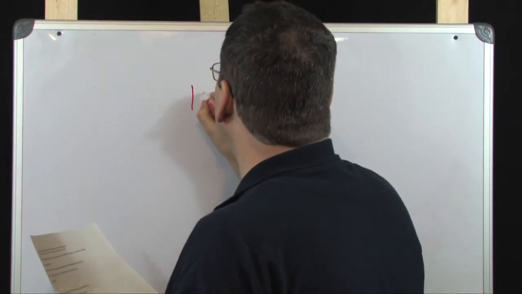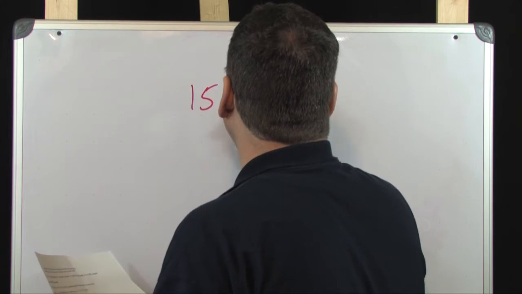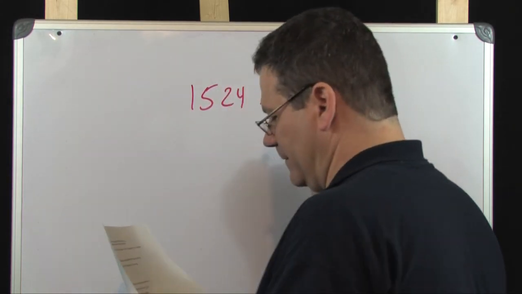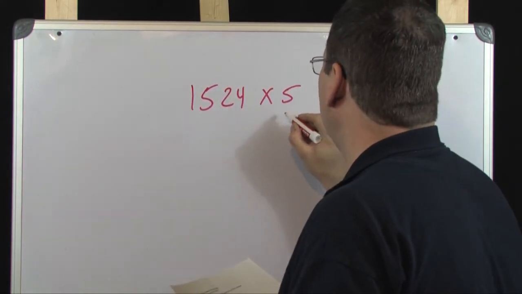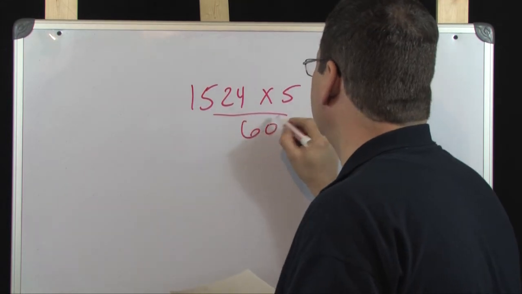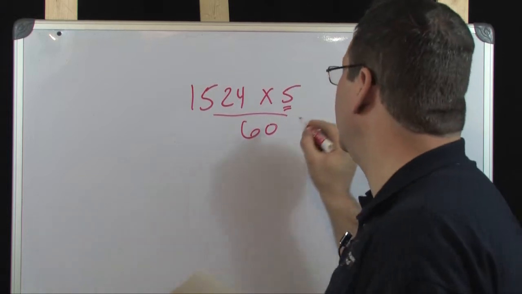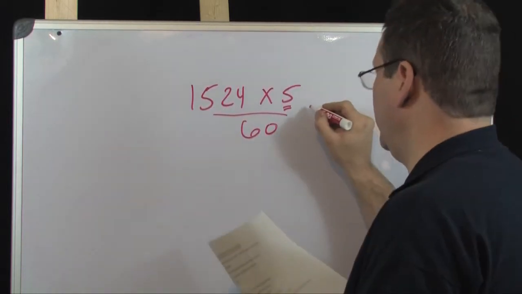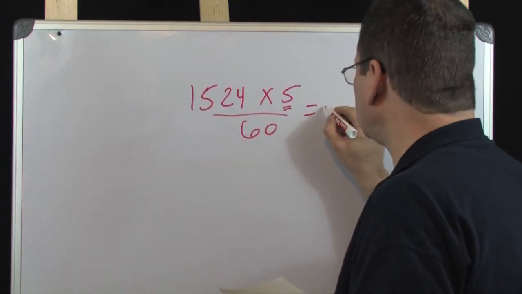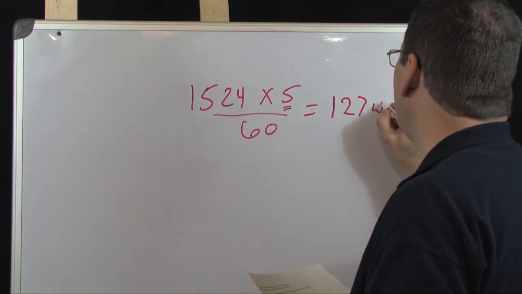So 1,524 watts times 5 minutes, divided by 60, because I'm using minutes and not hours to get the watt hour rating, equals 127 watt hours.